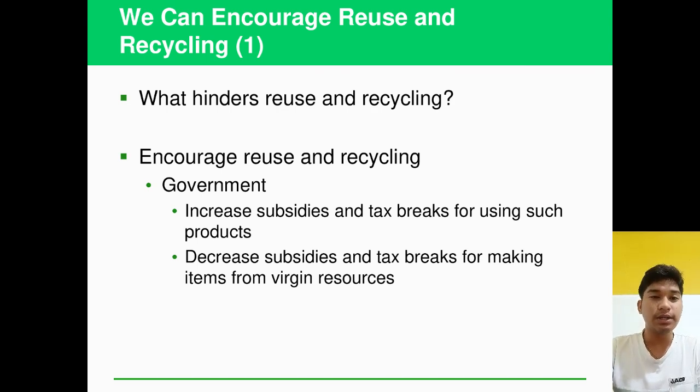Question: what hinders reuse and recycling? A lack of education on how to separate or recycle our waste. To encourage reuse and recycling, the government can increase subsidies and tax breaks for using such products, and decrease subsidies and tax breaks for making items from virgin resources.